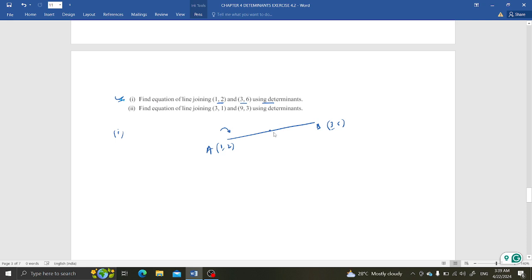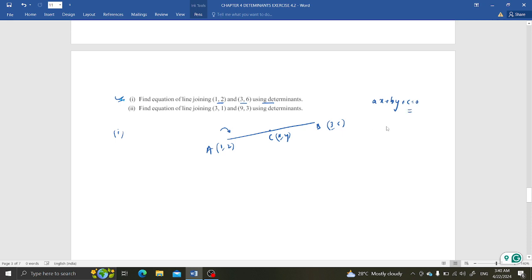So here I assume a point C, x comma y, on this line segment. Why are we assuming this? Because we need to find the equation of the line, and the equation of a line we already know is ax plus by plus c equal to 0.